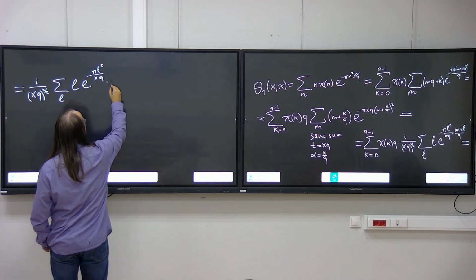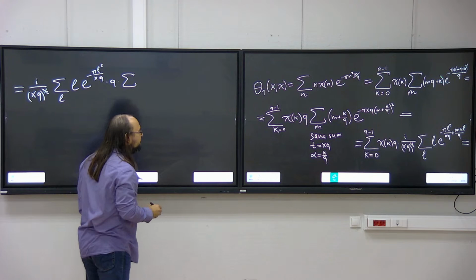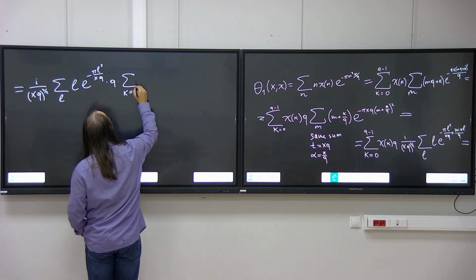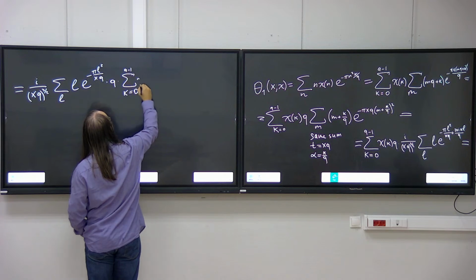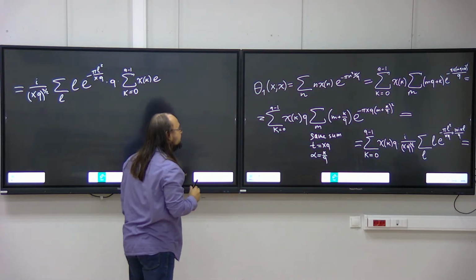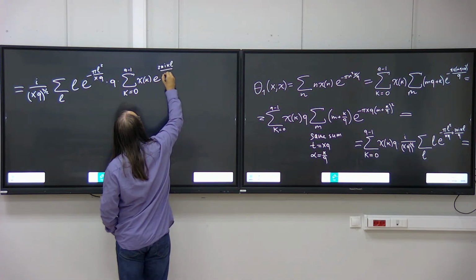You also have q here, multiplied by the sum over all k from 0 to q minus 1 of chi of k, e to the power 2 pi i k l over q.